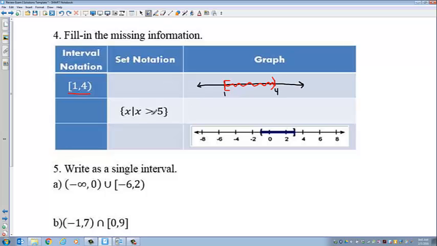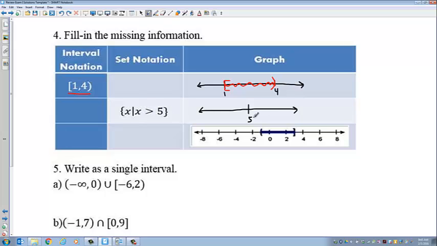Let's do it for the bottom here. This set, x such that x is greater than 5. So what does that look like? Again, just draw a number line and then try to interpret those symbols. So here's my number line. Obviously, we have the number 5 involved, so let's put 5 there. And so this set represents all x such that x is bigger than, or you can say greater than 5.